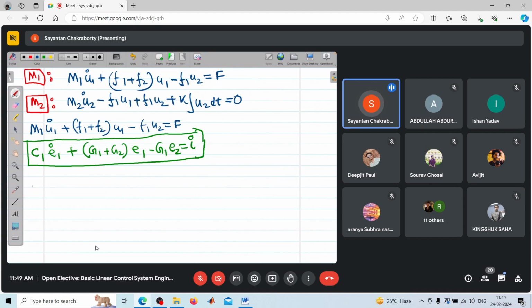And from the next set of equations, what we have, M2 U2 dot minus F1 U1 plus F2 U2.